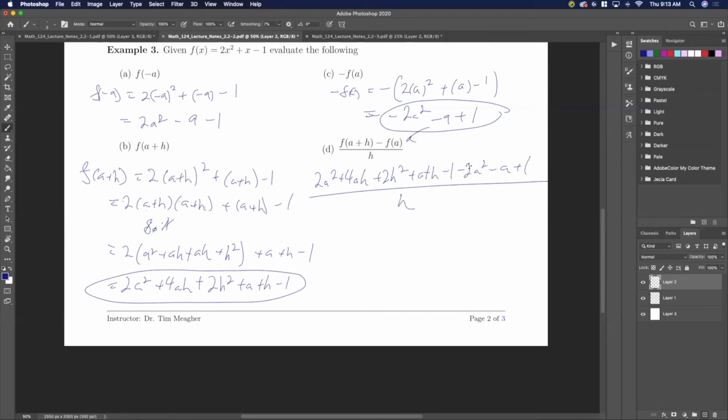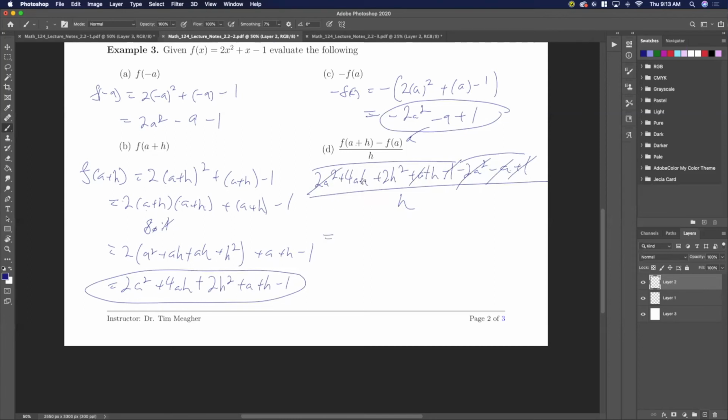This is f of a plus h, and this is my minus f of a. Notice we can cancel a lot of things. I can cancel the positive 2a squared with the minus 2a squared, the minus a with the plus a, and the negative 1 with the plus 1.